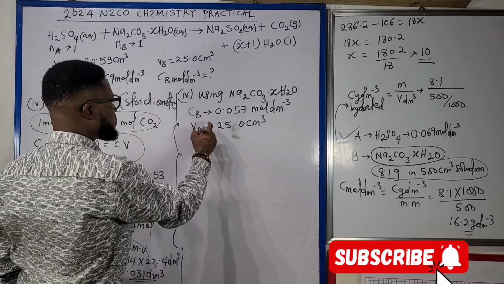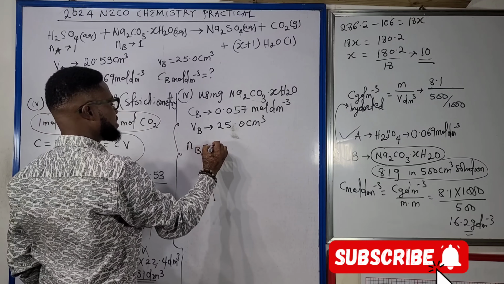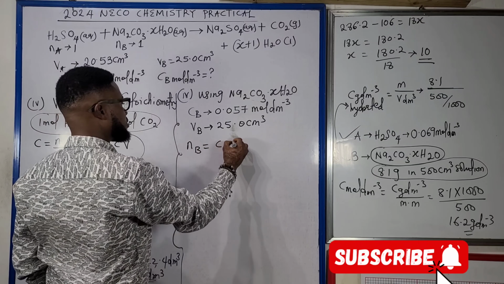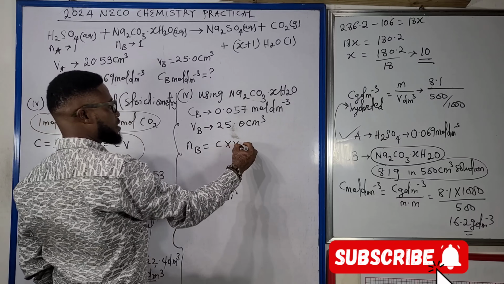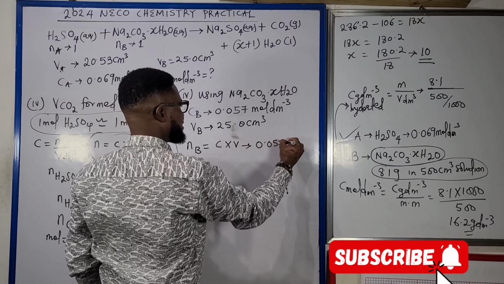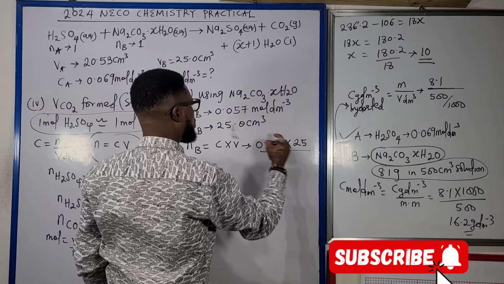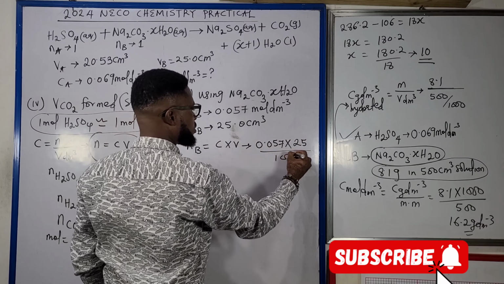So what this means is that number of moles of B is actually concentration times volume. And in this case, the concentration is 0.057 times the volume is 25. But to convert it to dm cube, that will be divided by 1000.